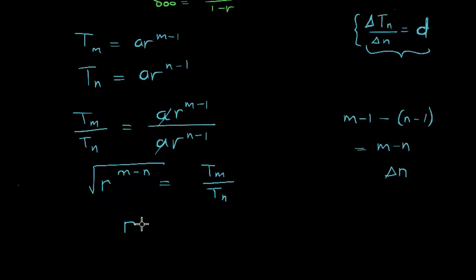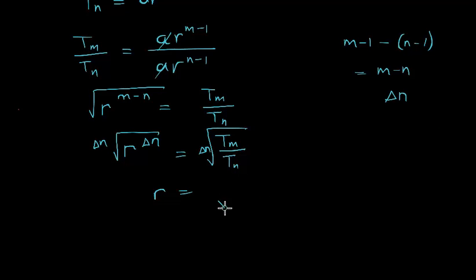So R to the power of the change in the term numbers is equal to the ratio of the terms, and then to get R on its own, we take that root on both sides. So R is the ratio between the two terms, taken to the root of the difference in term numbers.